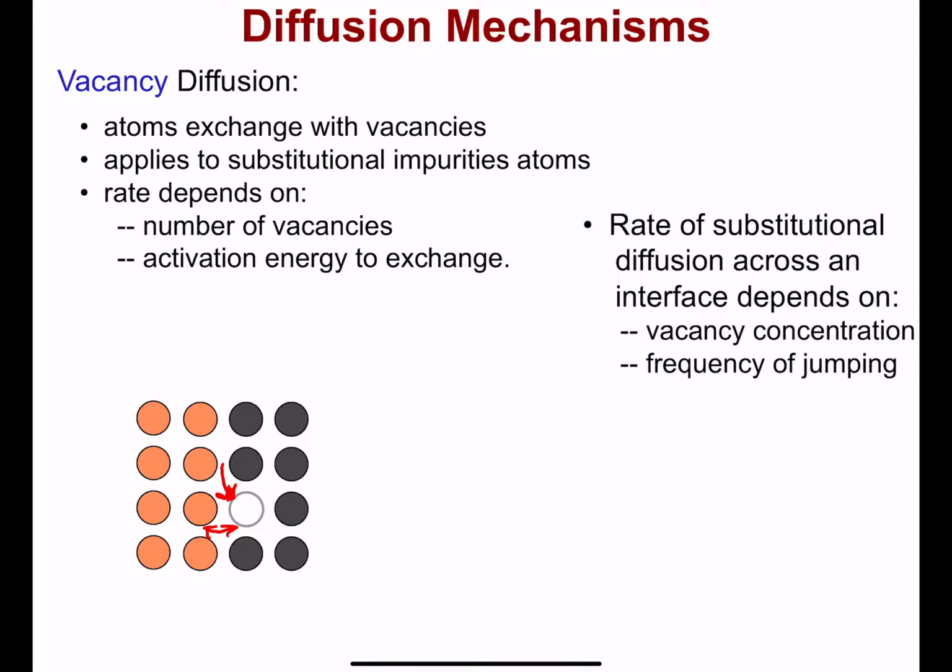Okay, so we find that vacancy diffusion, which helps mix two foreign materials at an interface as an example, the rate of the diffusion of one metal substitutionally into the solid of the other depends on the number of vacancies and an activation energy for that exchange. If we're going to shift one atom into a vacancy spot, it's going to take a bit of energy to break the bonding circumstance that exists on that atom and to position it in a new spot. So there's an activation energy there to help with that exchange.